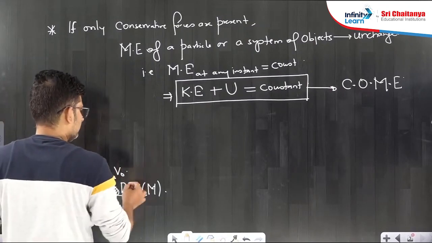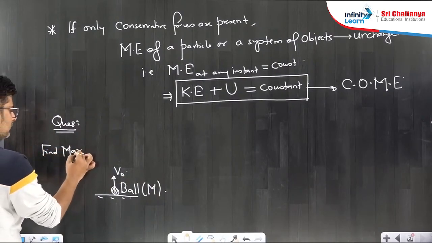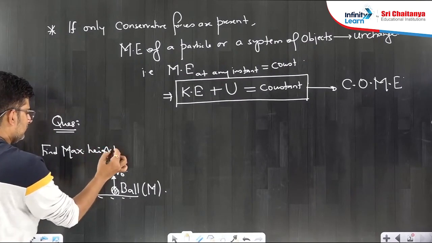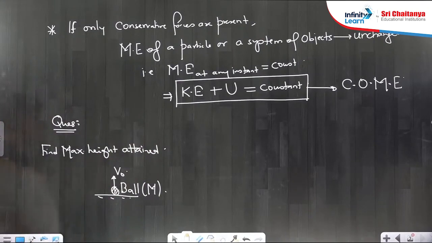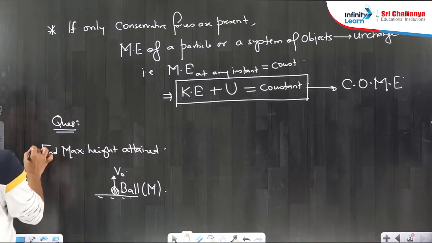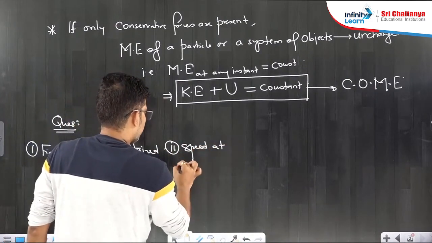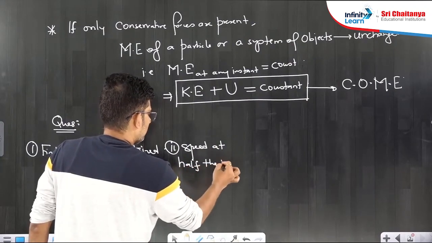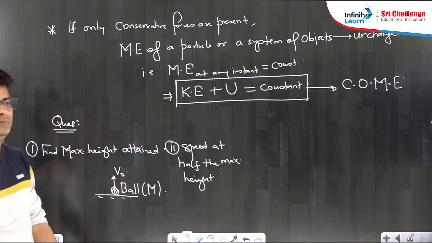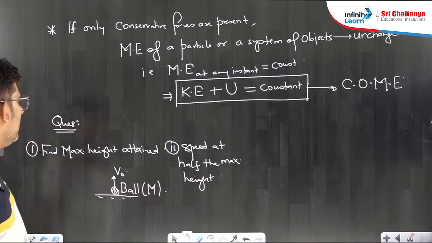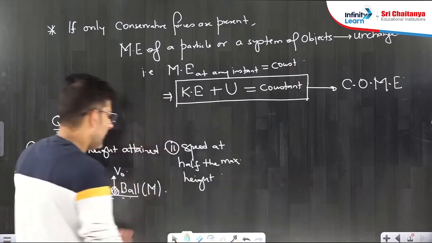Now the question is, find the maximum height attained, and second, the speed at half the maximum height. Now this is our question where we have to find the maximum height and speed at half the maximum height.